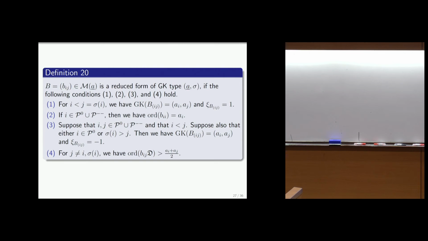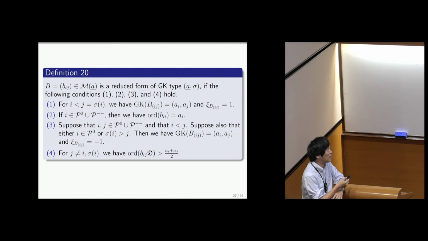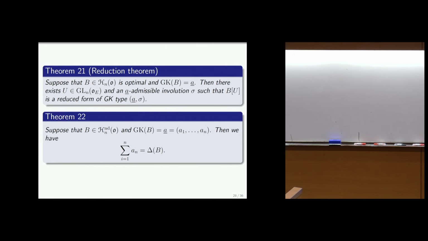I remark that the Gross-Keating invariant of a Hermitian matrix of size 2 is easily determined by the discriminant or something. So this condition can actually be verified numerically.